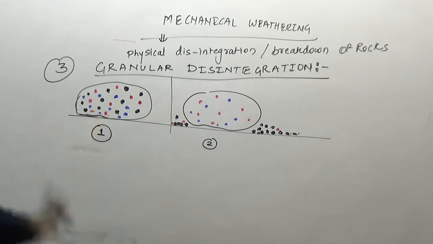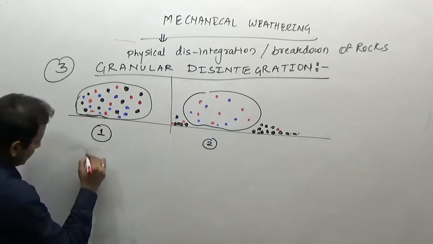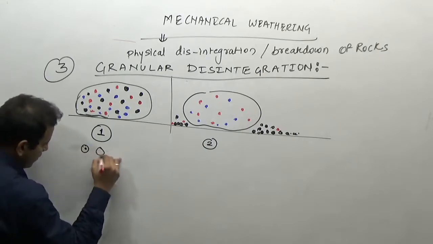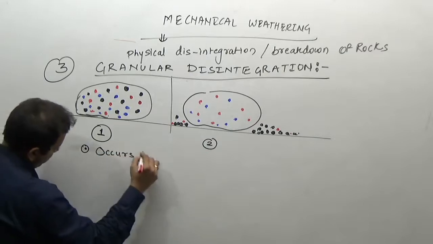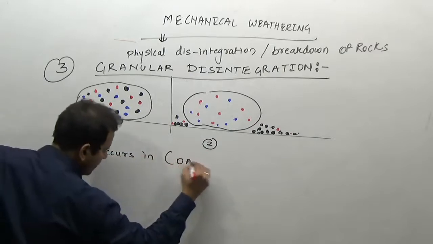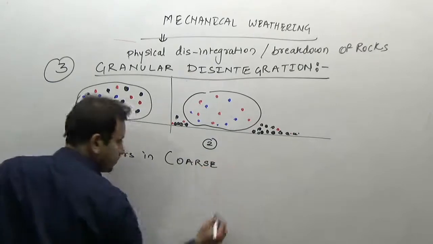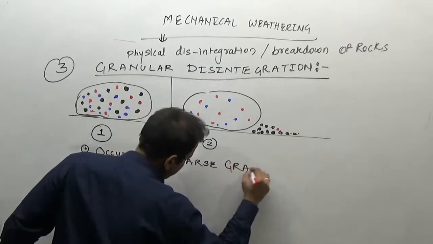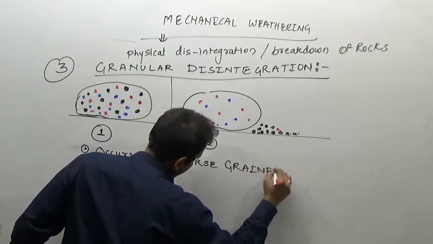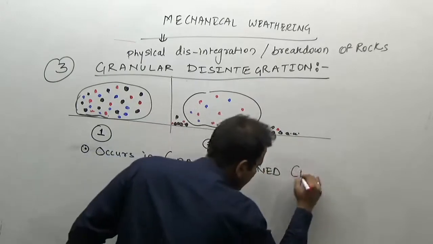It will occur in the crystalline rocks. So we can say the granular disintegration occurs in the coarse-grained crystalline rocks.